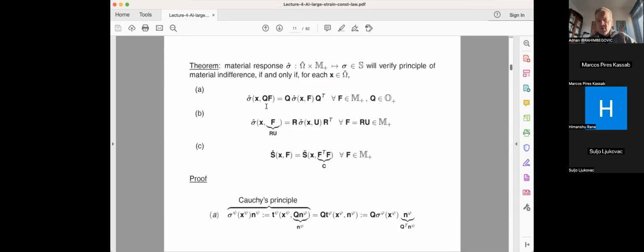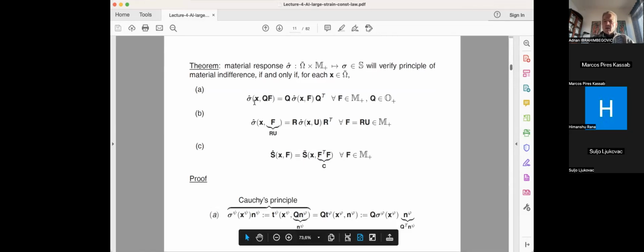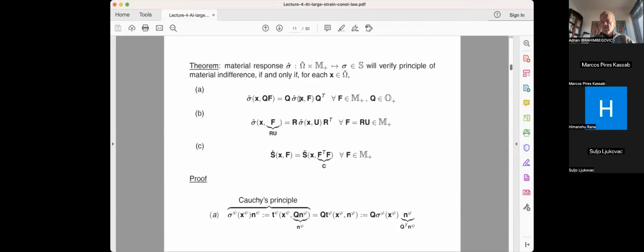If I want to express my response of the material as a function sigma of F, F being the deformation gradient, the other guy should be expressing it as a proper transformation.